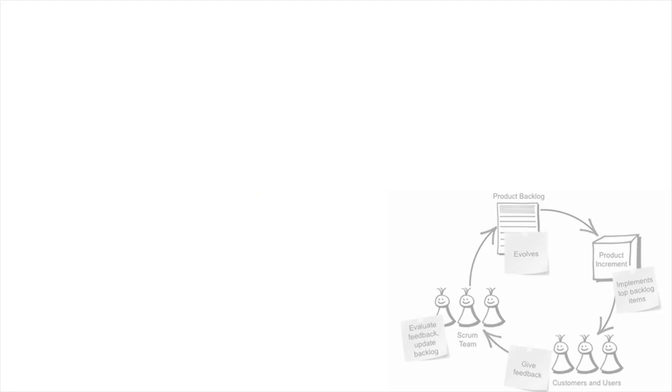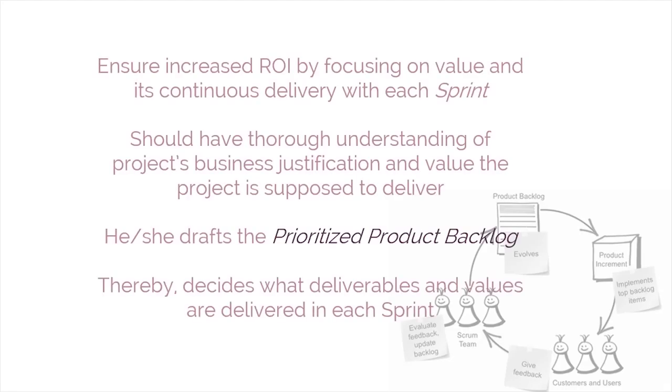Next, the product owner pitches in. So let's look at what that role entails. The product owner's task is to ensure increased ROI by focusing on value and its continuous delivery with each sprint. The product owner should have a thorough understanding of the project's business justification and the value the project is supposed to deliver, as he or she drafts the prioritized product backlog and thereby decides what deliverables and values are delivered in each sprint.